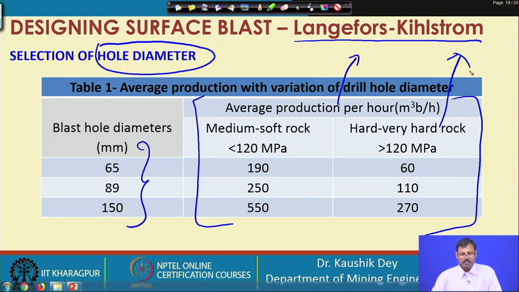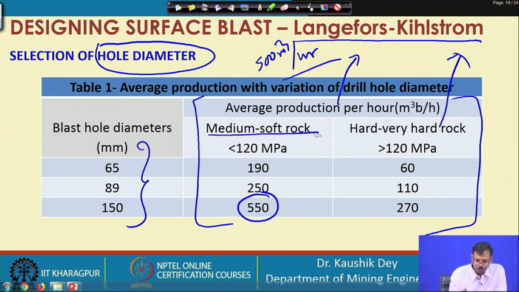Suppose the excavation procedure is aiming at a production rate expressed in bank meter cube, that means in situ rock material per hour. Say the mine is expecting that 500 meter cube of material per hour has to be blasted.